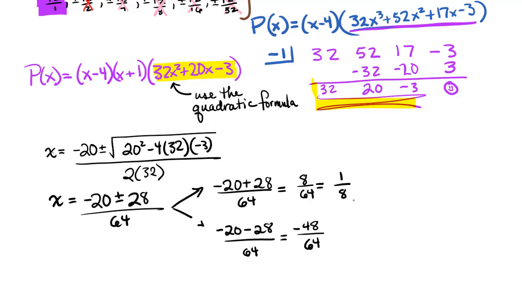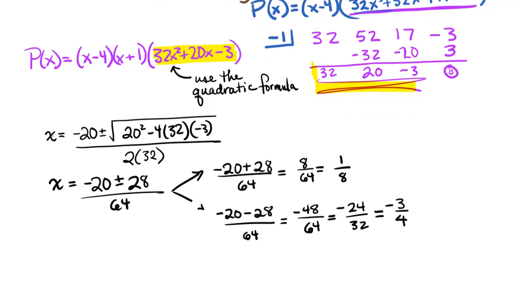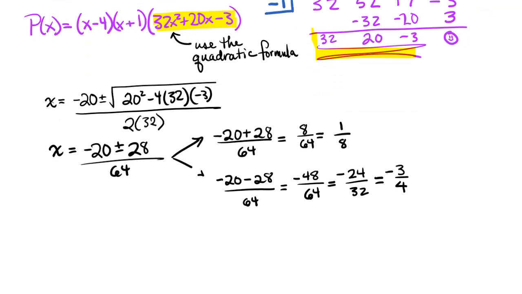That's one of my options. And the other one, let's see if this reduces. We could have a -24 over 32. And the last one we have is a -3 over 4.